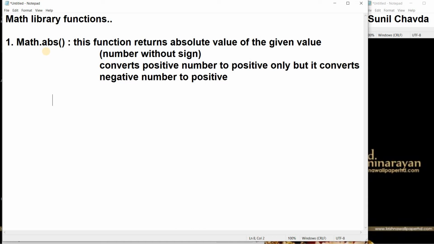So how to use this function? Let us assume I want to use the function, so I write math.abs, and in the bracket I will write any negative number. The system will return its positive equivalent. The answer will come in whichever format you provide there.